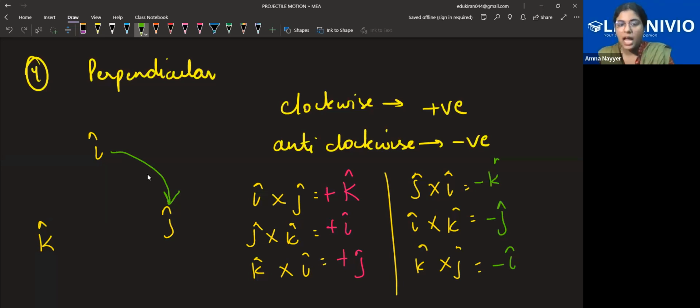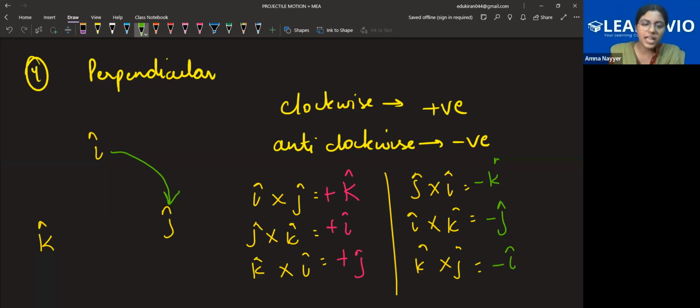All right. I cap cross J cap. Now I is involved, J is involved. So which one is left? K cap is left, right? So we'll write K cap. I cross J or J cross I, we know that the third vector left is K cap.